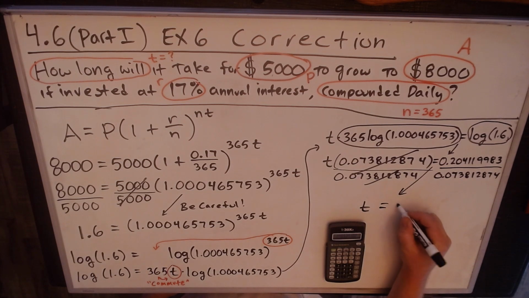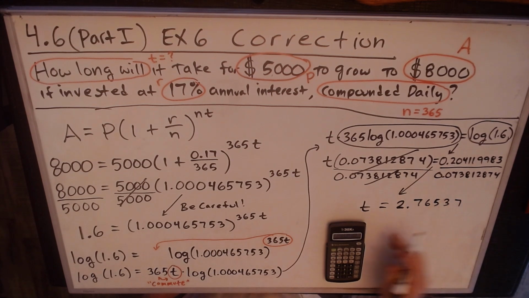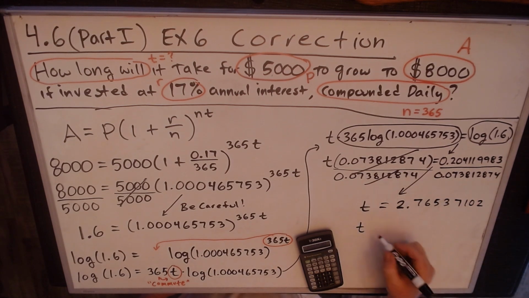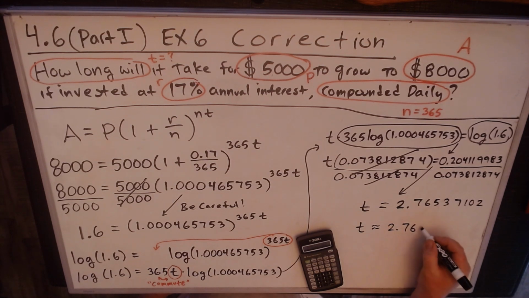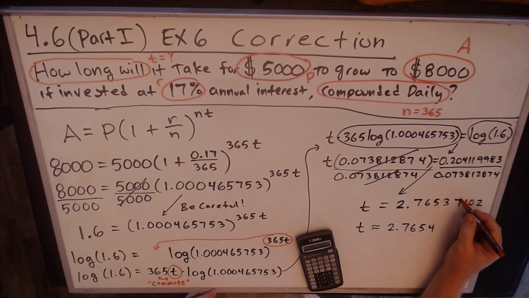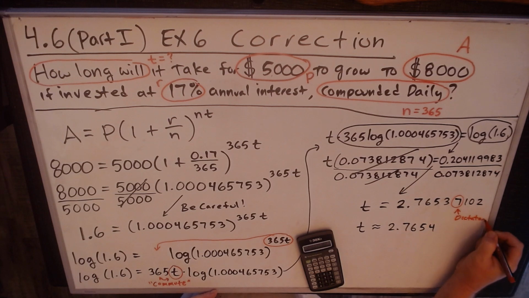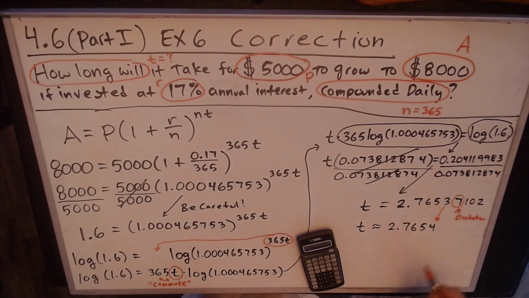And that comes out to be 2.76537. We're going to round this to 4 decimal places, so 2.7654. Our deciding digit is a 7, and so that's going to round the 3 up to a 4. And this is years.